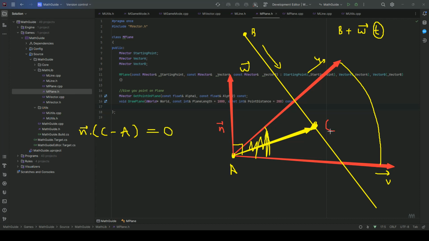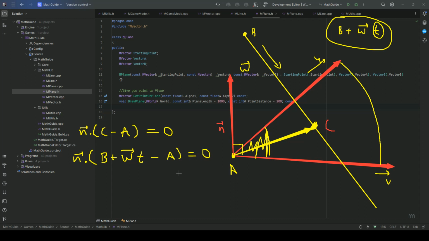And we know the point C is B plus W vector T. So I will just replace C. So n vector, again dot product, and instead of C I will write B plus W T, T was unknown, right, and minus A equals 0.